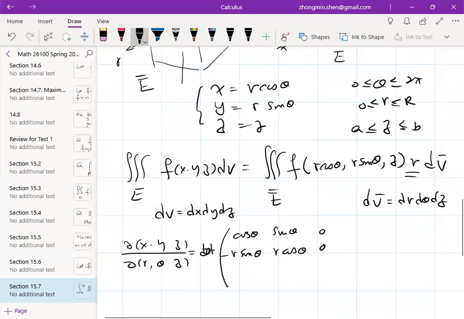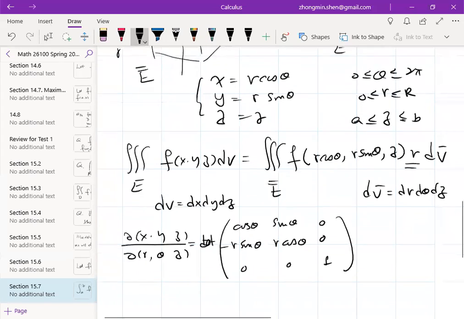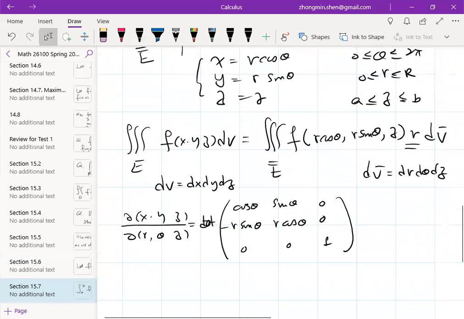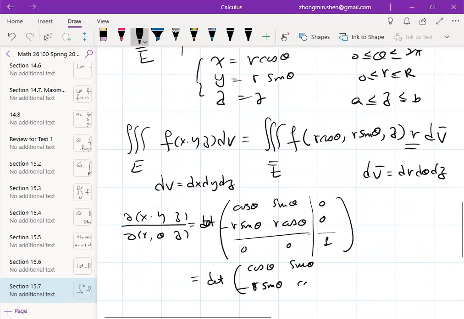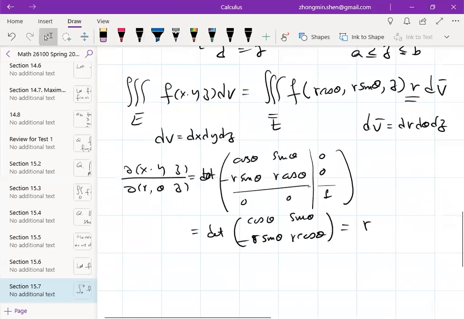The third one is the derivative with respect to z: 0, 0, 1. So how do you compute a 3 by 3 matrix determinant? Both of these are all zeros, so this is actually just the determinant of cosine theta, sine theta, negative r sine theta, r cosine theta, which is going to be just r.